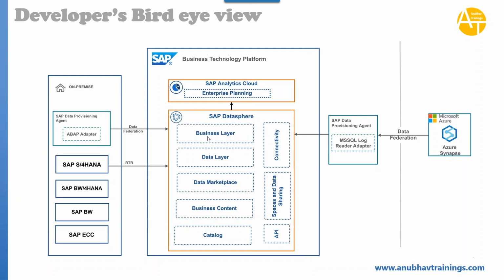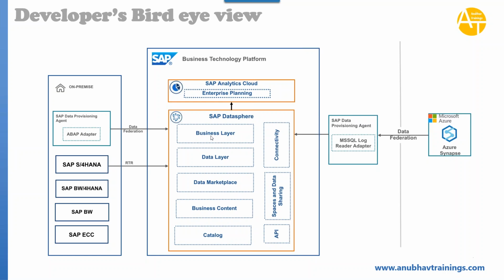On top of it, you will do business layer modeling. This is where you will define business semantics. You will mark what is your measure, what is your dimension. You will configure hierarchies. You will create business semantics. Let's say a data type is a date data type, an email data type, or this data type is associated to a hierarchical model, which is master data. So all these associations and business semantic modeling you will do in the business layer.